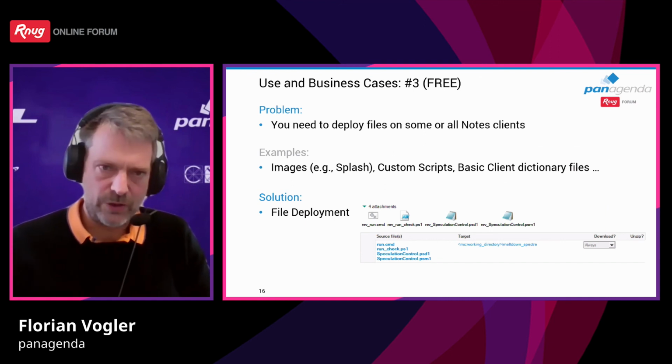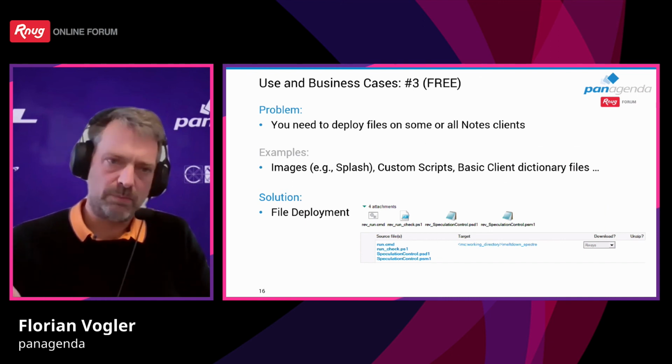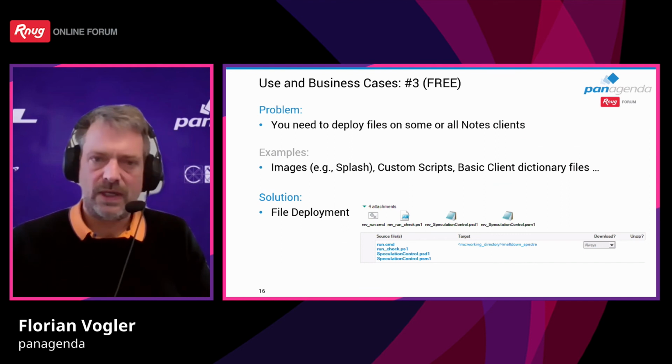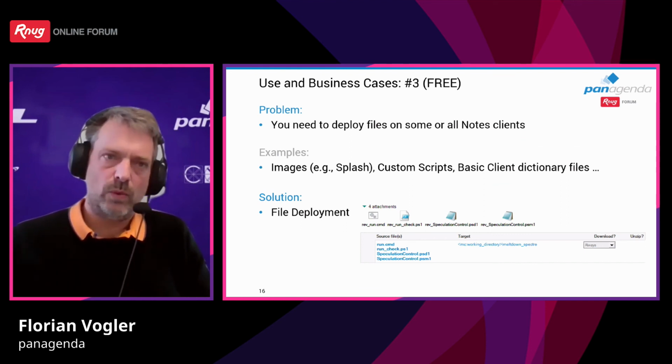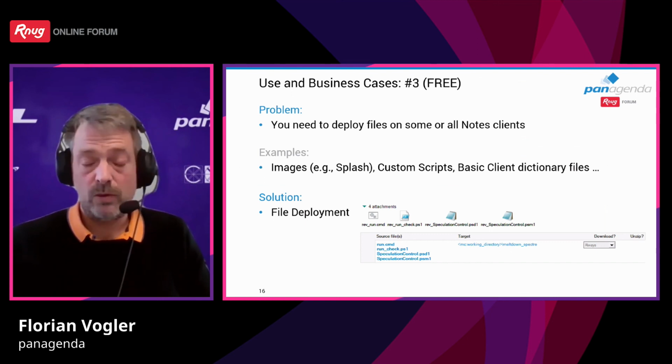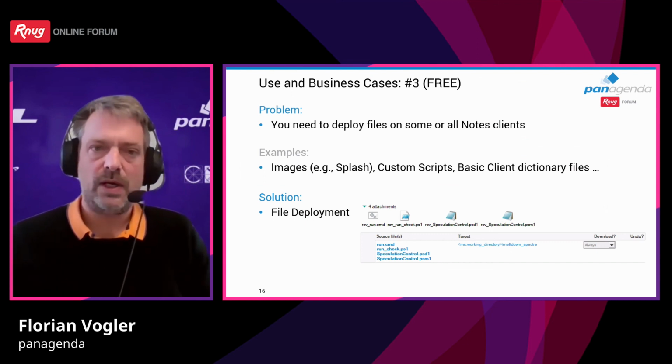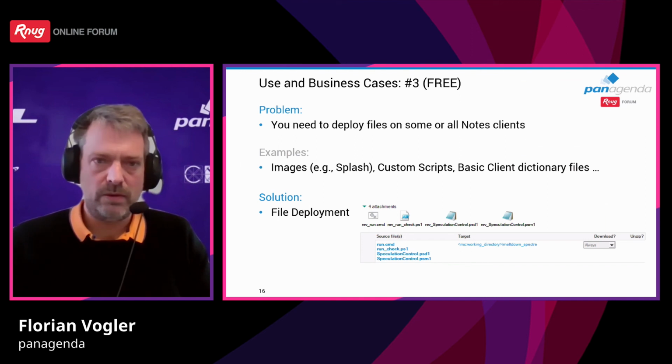So with a very simple action, you can simply instruct Marvel Client to put those files onto a certain directory of your Notes clients, Windows clients. And by the way, that works on Mac just as much, and it just doesn't work on HCL Nomad because it doesn't make sense to drop those files onto the operating system there.